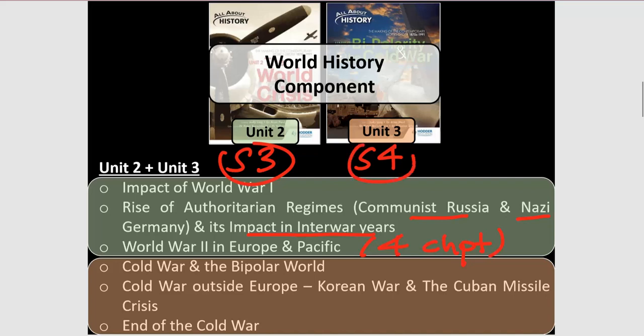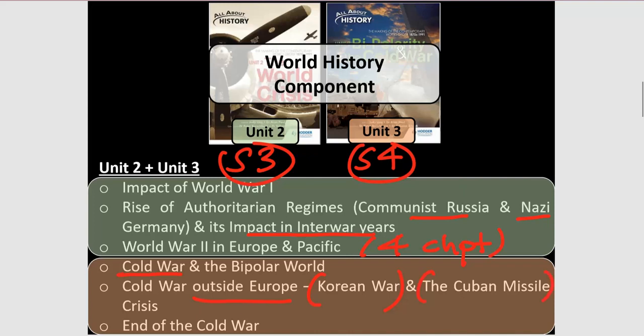When you get to Sec 4 and we are doing Book 3, the entire book is on the Cold War itself. So we'll be looking at the Cold War in Europe and the Cold War outside Europe, of which chapters will be devoted to one chapter on the Korean War, the other chapter on the Cuban Missile Crisis.